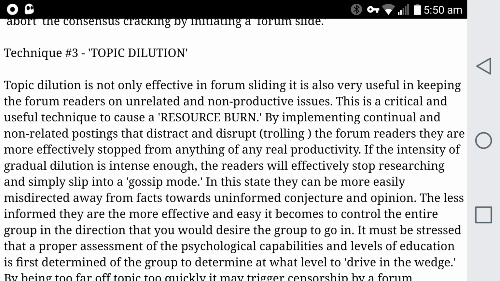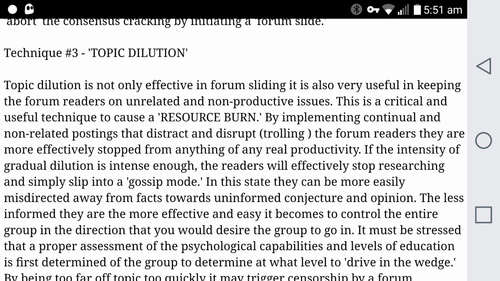The forum readers are more effectively stopped from anything of any real productivity. If the intensity of gradual dilution is intense enough, the readers will effectively stop researching and simply slip into a gossip mode. In this state, they can be more easily misdirected away from facts towards uninformed conjecture and opinion.